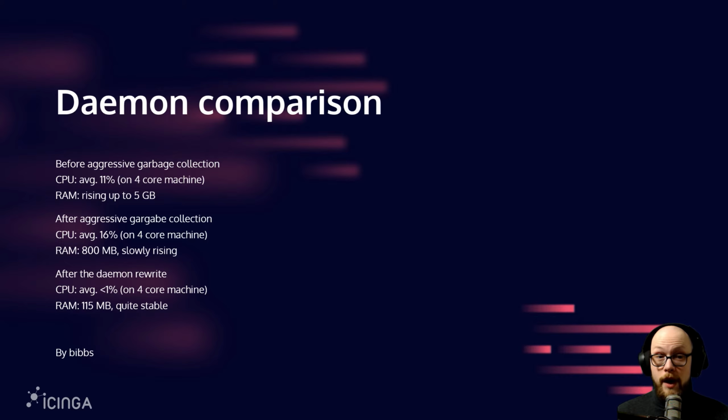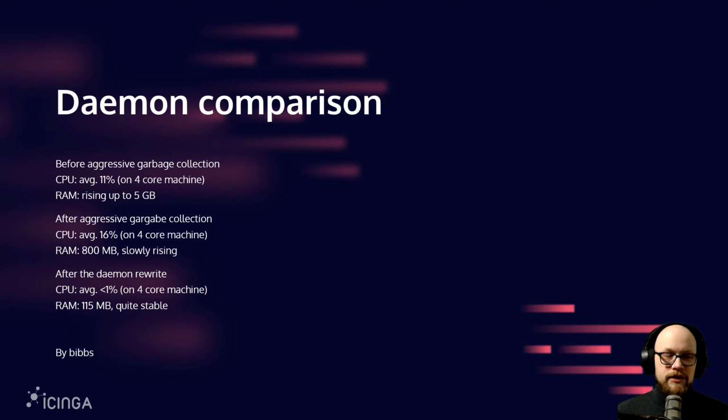So that's quite a lot. Now, once we implemented the aggressive garbage collection, the CPU increased, but the memory got way down to around 800 megabyte, but it was still rising over time.